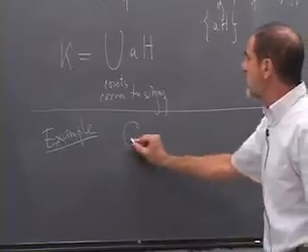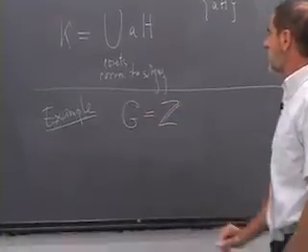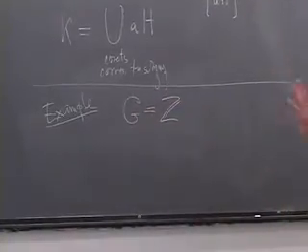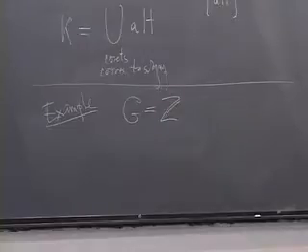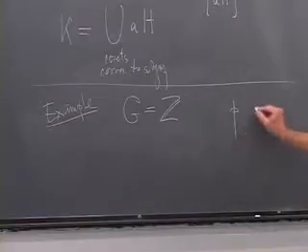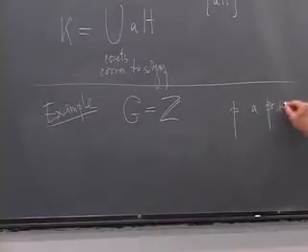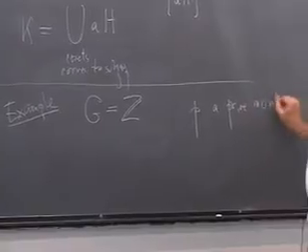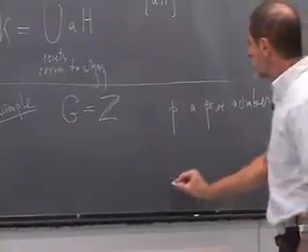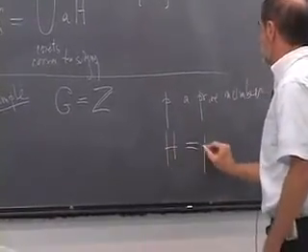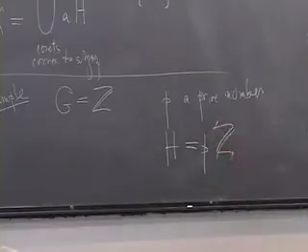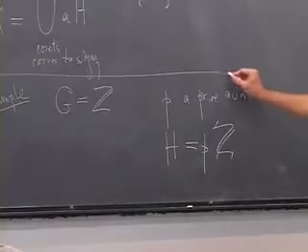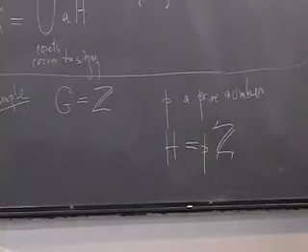Start with the group G equal to Z under addition, where everything's normal. Now let p be a prime number, and consider the subgroup H, which is multiples of p. Here's the claim.